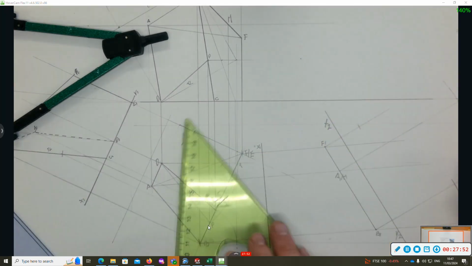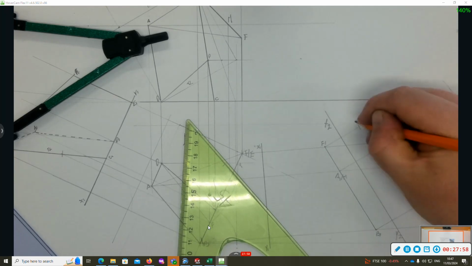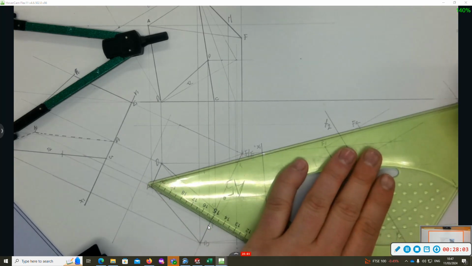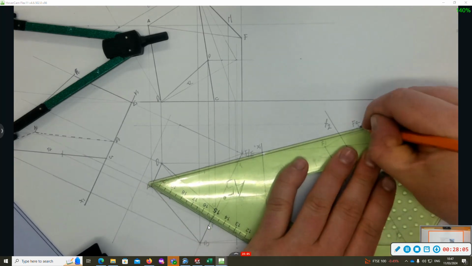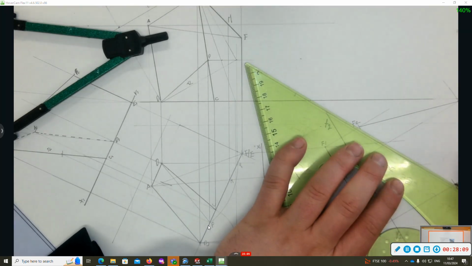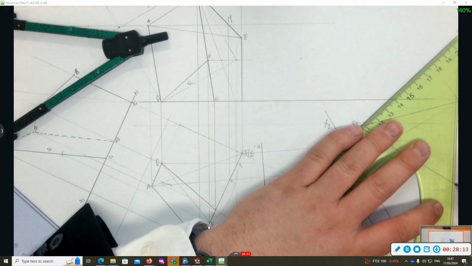Now, this is B2. Okay, that's A2. That's F2. So A and F joined together with a line we created. Okay, B and F joined together. Okay, and B and A joined together.